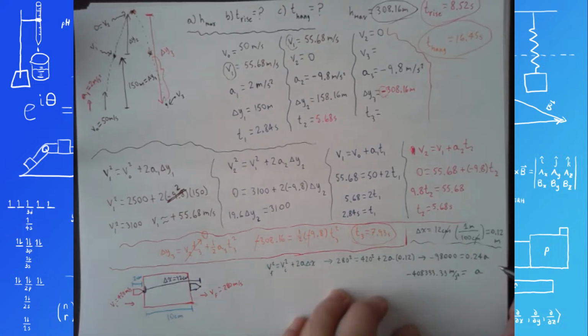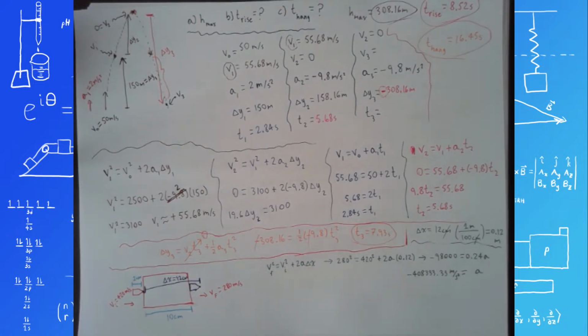And yeah, the threes just keep repeating from there. So if you want to rewrite it as a fraction, negative 408,333 and a third, then be my guest. But that's acceleration. That's part A.